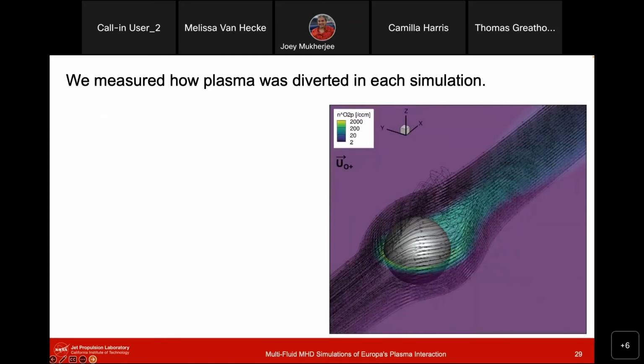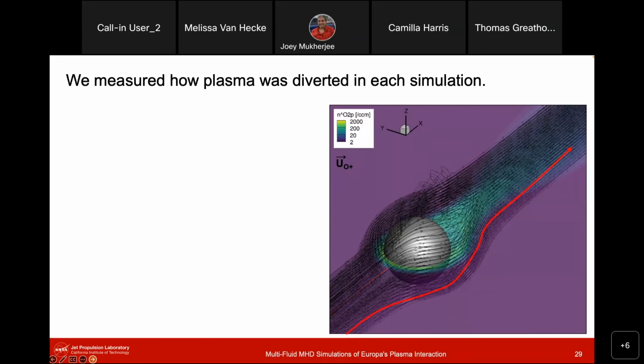Again, we're still interested in precipitation onto Europa's surface. So what we did was look at how plasma is diverted away from the surface, because the plasma which is diverted is the stuff that's not contributing to the precipitation. If the ionosphere was not there and Europa was just a ball in space, nothing would be diverted, and everything in Europa's cross-section upstream would just flow into the surface, and that would be the end of the story.